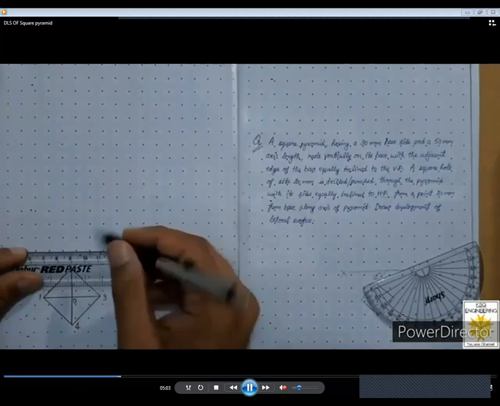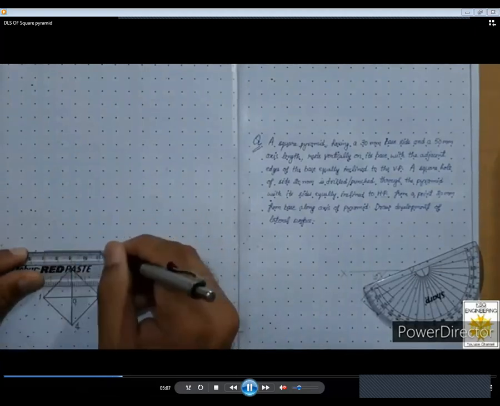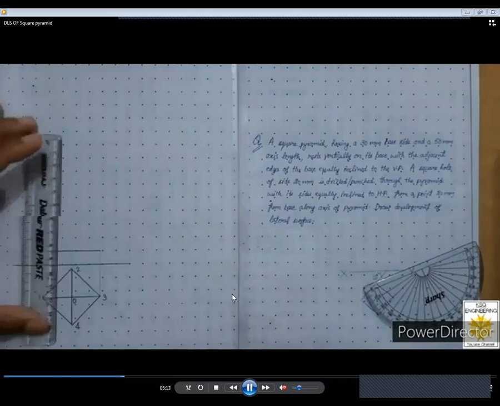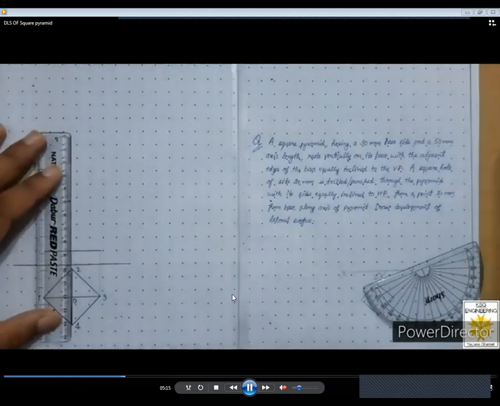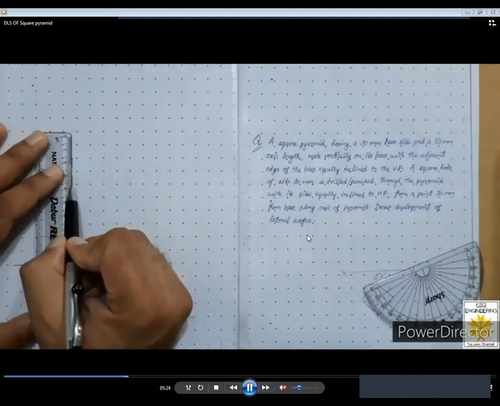And you have to draw the front view, how the pyramid looks in front view. You have to draw all these things. You practice at your home. Height is given, height is 50 mm.